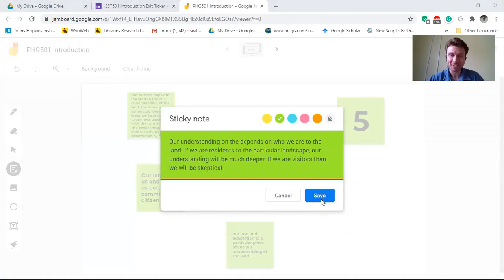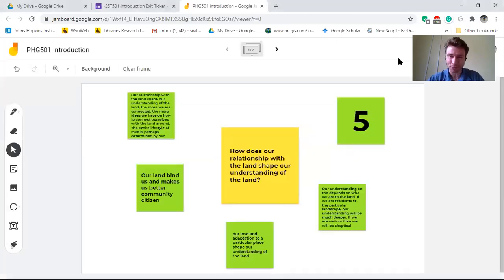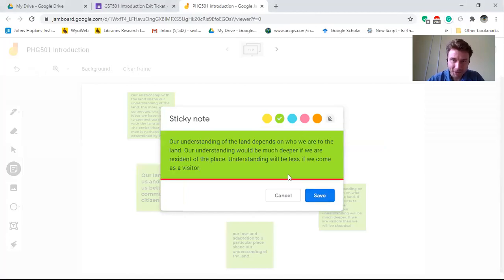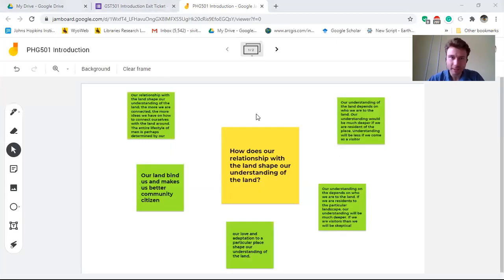If we are visitors, then we will be skeptical. That's a powerful word right there, especially for science. Is this the same one or different? I think we are in the same version. We discussed the same things. We'll add this one on too. Understanding will be much deeper for a resident, and less if we come as a visitor.